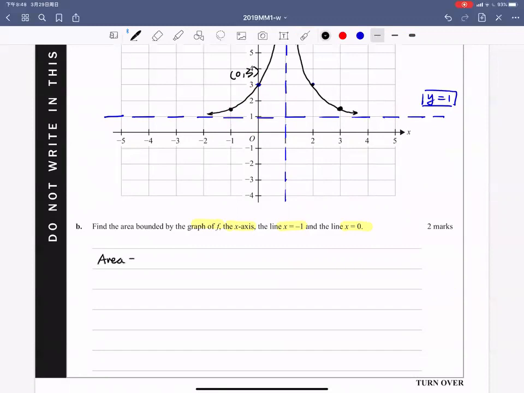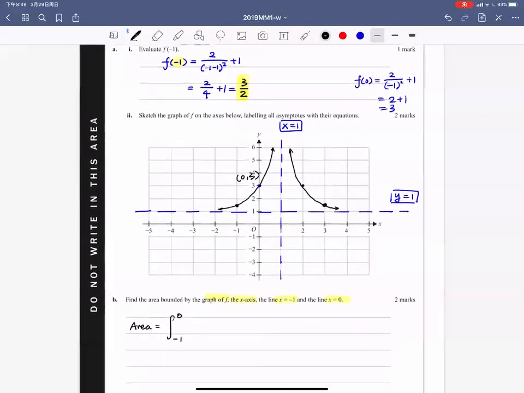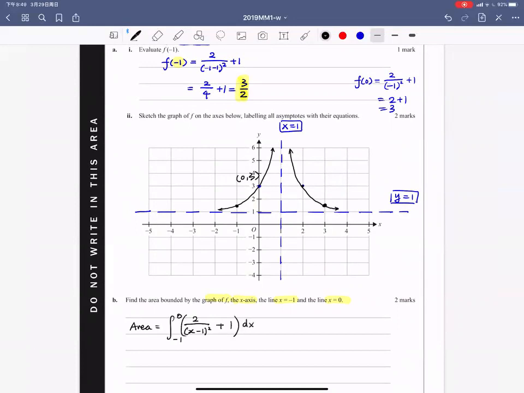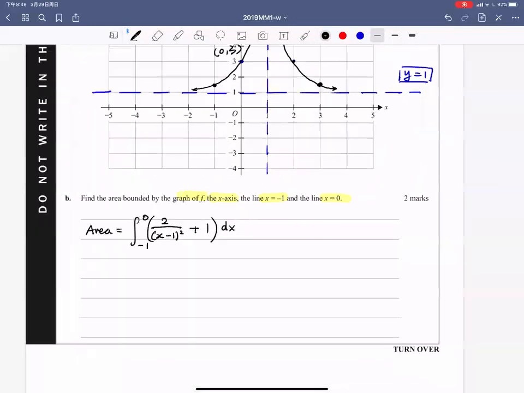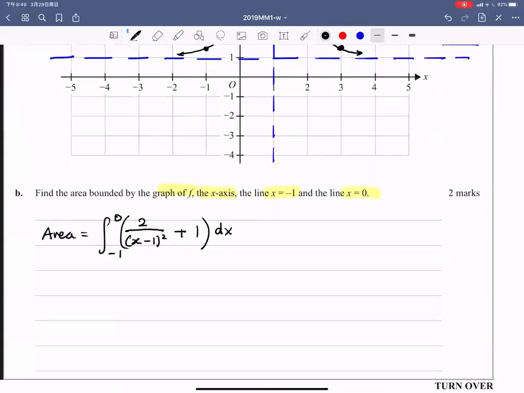Area equals the integral from -1 to 0 of 2 over (x minus 1) squared plus 1, anti-differentiated with respect to x.